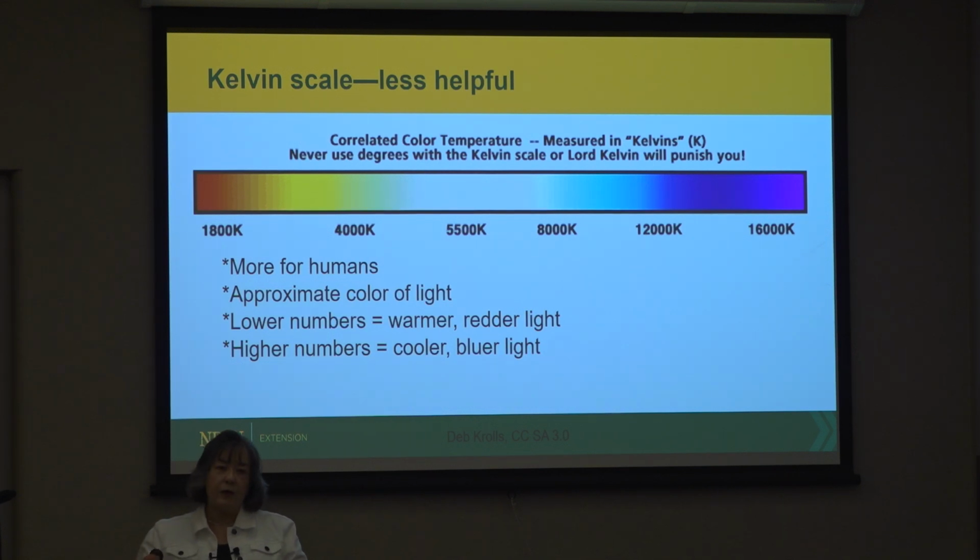It doesn't necessarily reflect the wavelengths that the plant perceives, per se. But it still gives you a little bit of information as to the color of the light. In general, lower numbers, you're going to have warmer, redder light. Higher numbers, cooler, bluer light.